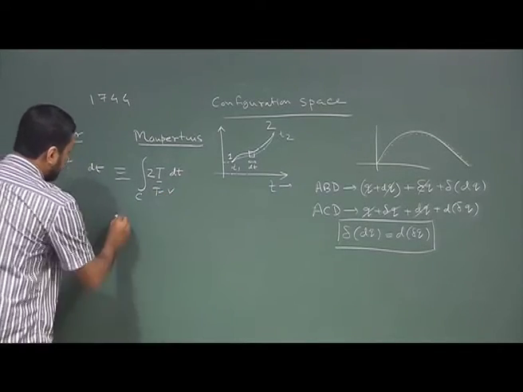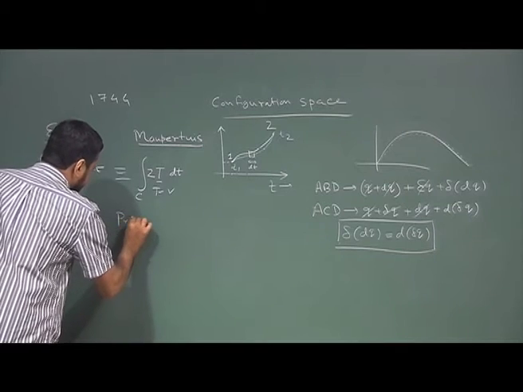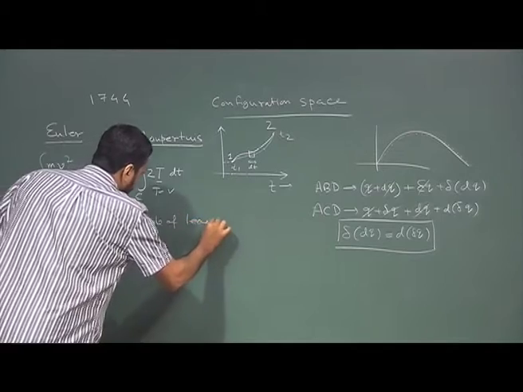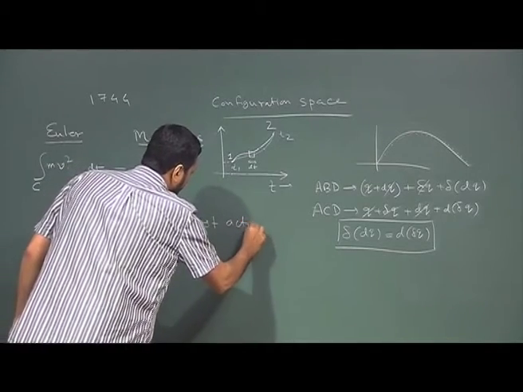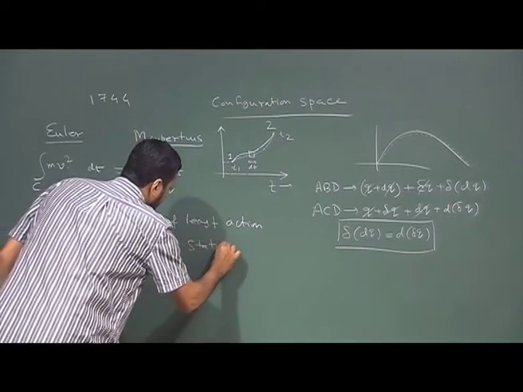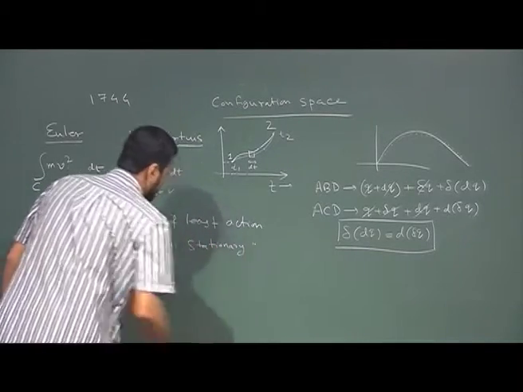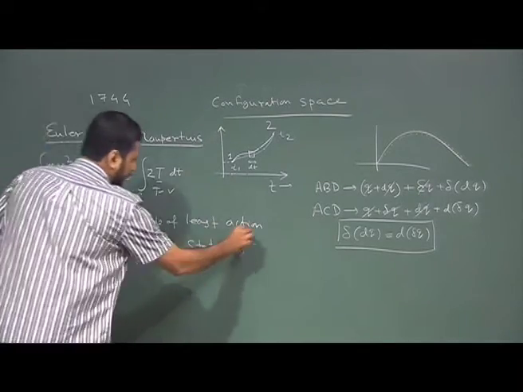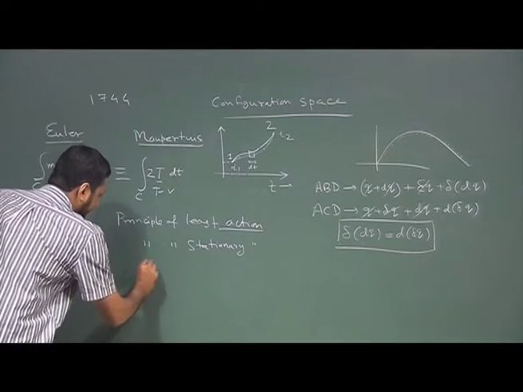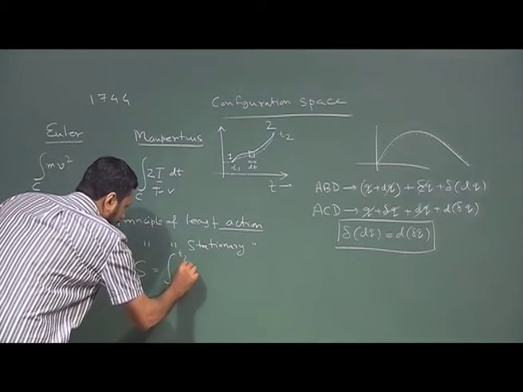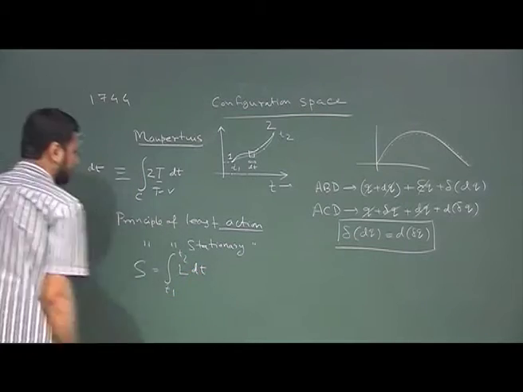So, the principle of least action, or principle of stationary action, says: action is a quantity given by this particular integral from t1 to t2 of L dt.